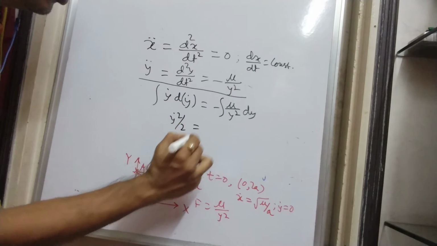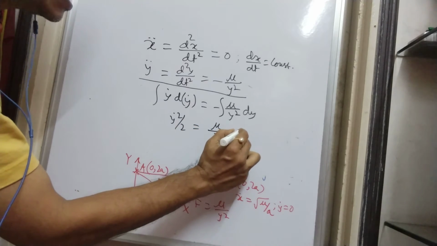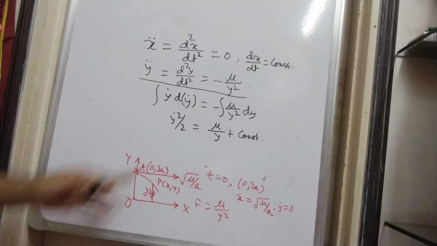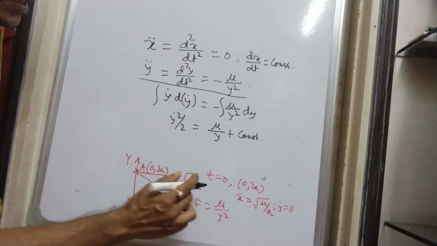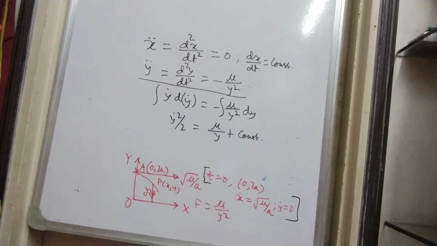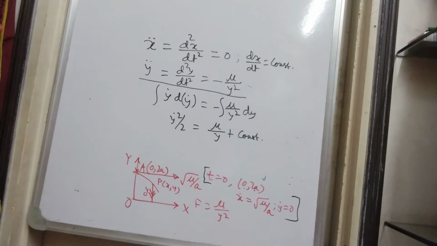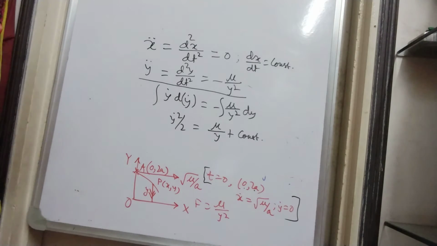dot square by 2 will be equal to mu by y plus integration constant, because if we integrate this, it comes out to be mu by y, as we all know. Now we intend to apply this initial condition, which states that at x equal to 0 and y equal to 2a, x dot will be root over mu by a, and y dot will be 0.